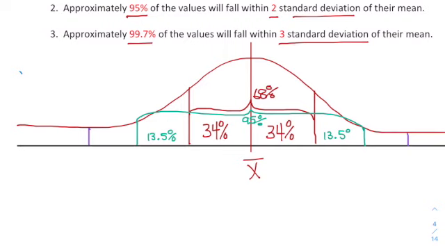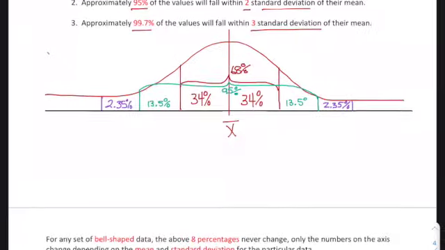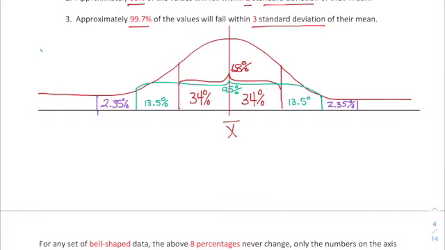Then you have to take the 49.85 minus 34 minus 13.5, and that gives you the rest of it, which is 2.35 on each side. Then that should give you the whole thing right here, which is 99.7%.